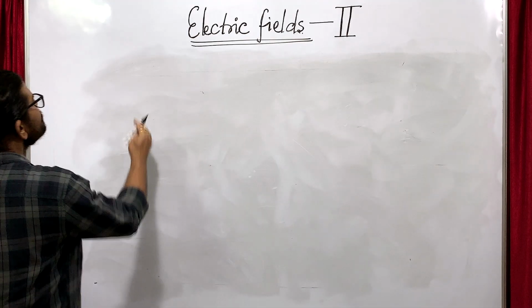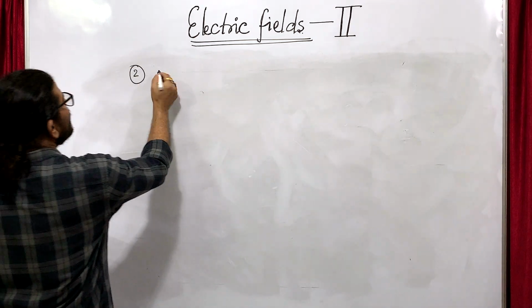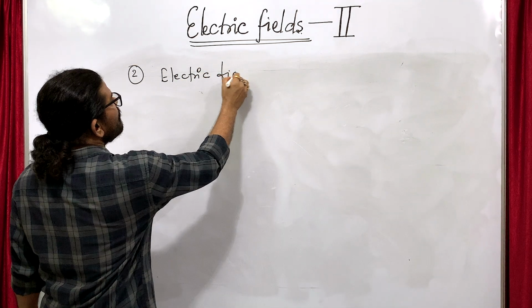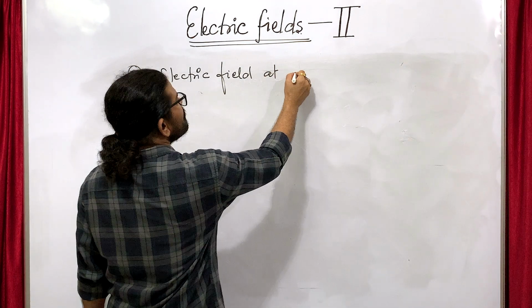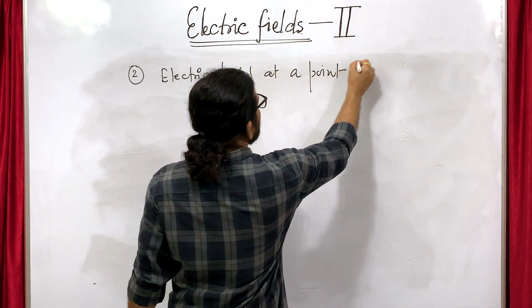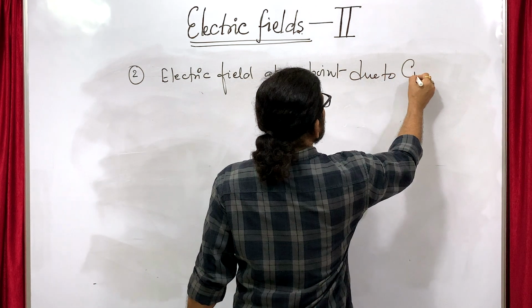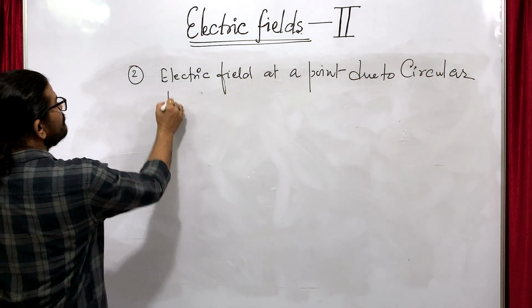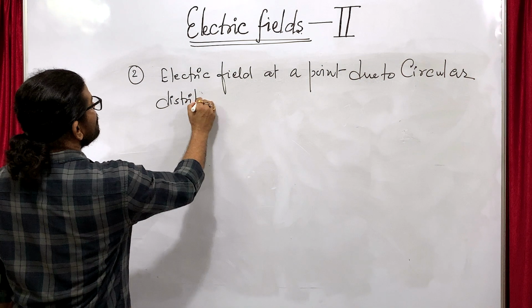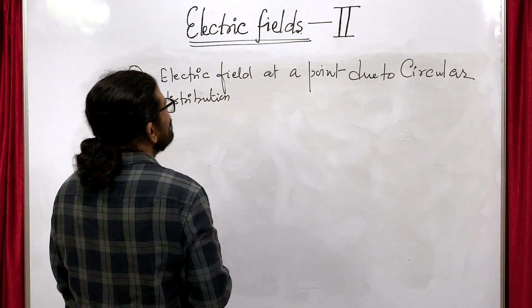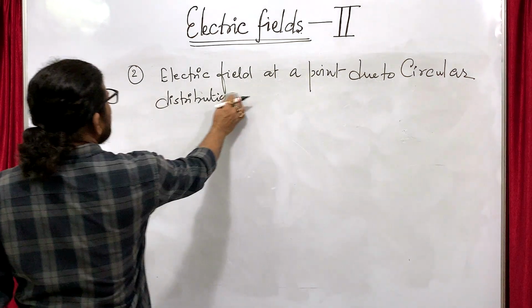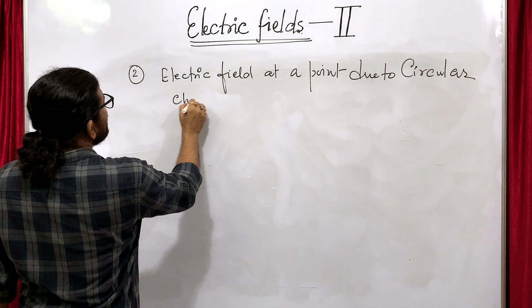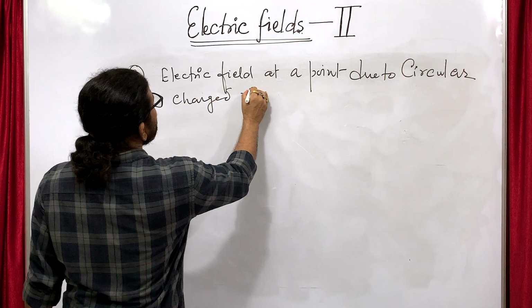So now, second, I am taking the electric field at a point due to a circular distribution, or here I am writing the popular word, circular charged ring.